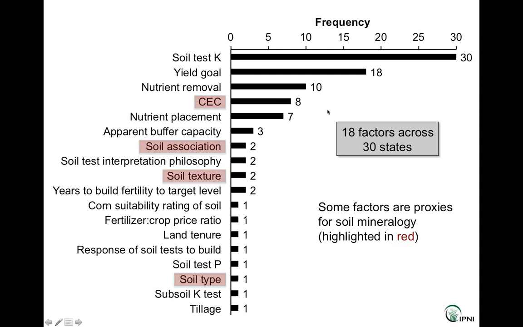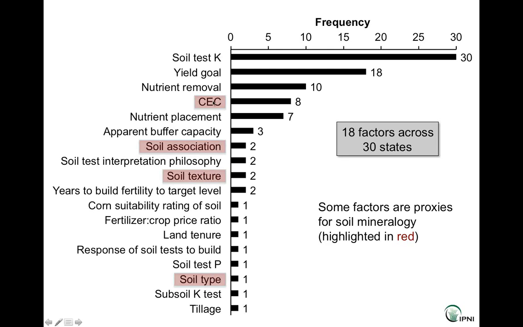But you can see that of the factors that are considered, things that deal with mineralogy are not well considered in most recommendations. CEC is probably the best proxy for soil mineralogy that we have, and even CEC is not a major factor in altering potassium target levels in the soil or altering rates.